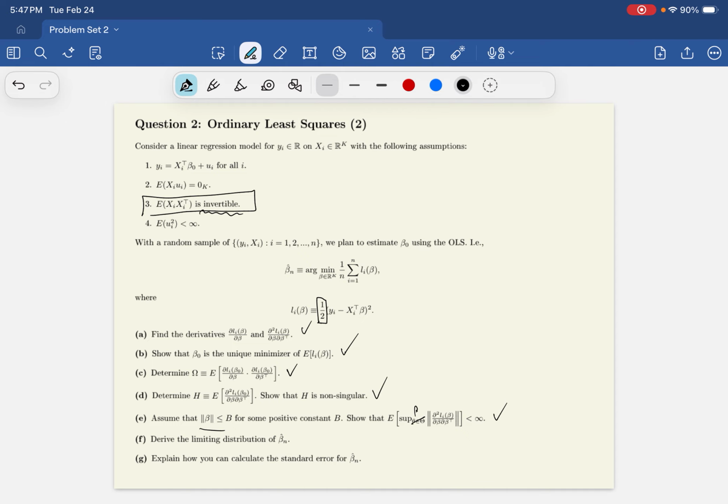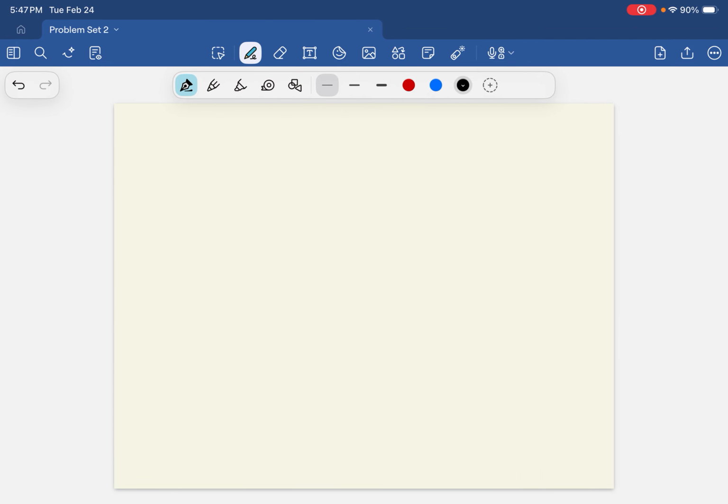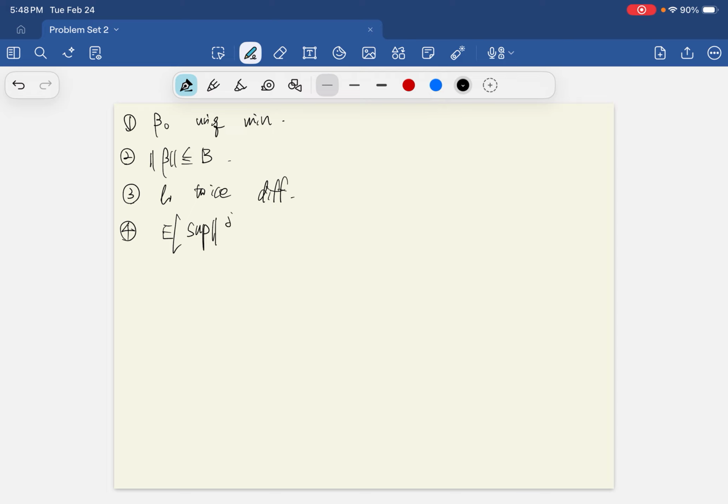And now derive the limiting distribution of beta hat. So far, we collected all the sufficient conditions. First, beta 0 is the unique minimum. Second, beta 0 is bounded, so the parameter space is compact. Third, Li is twice differentiable, which is trivial by the functional form. Number 4, dominate the second order derivative, which was also satisfied.